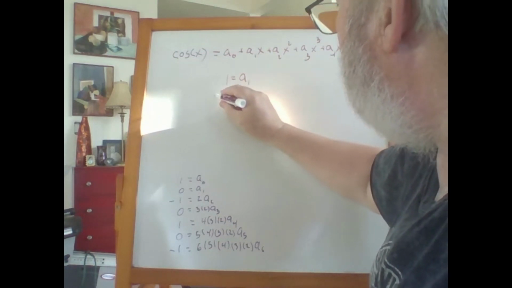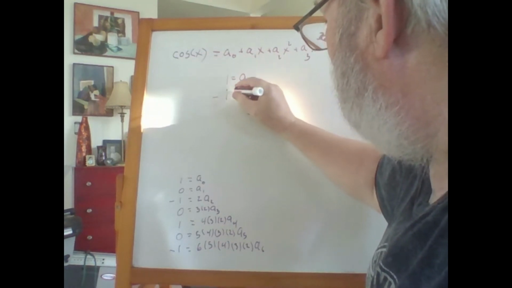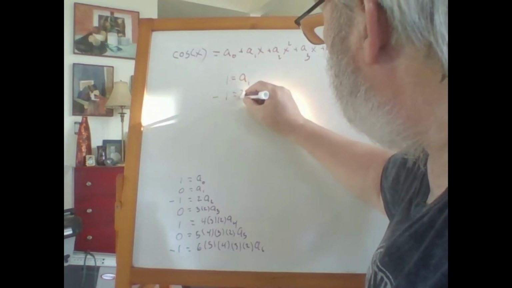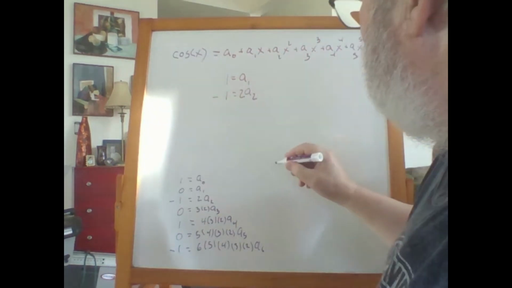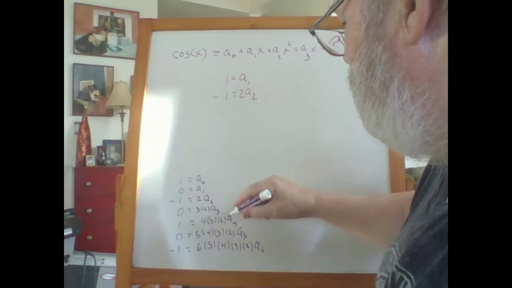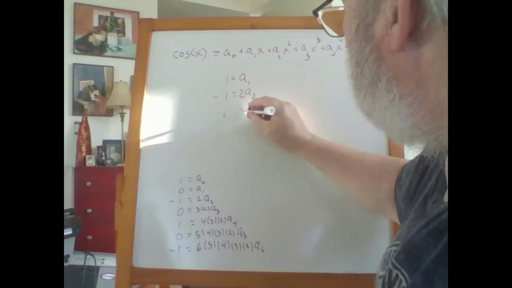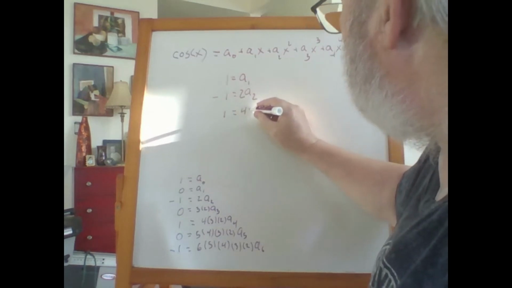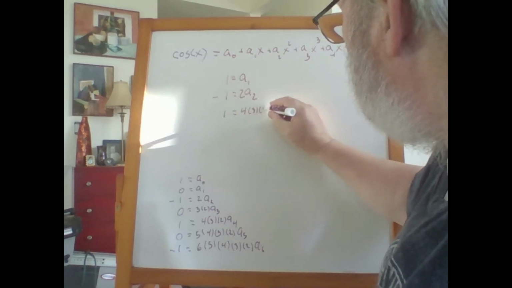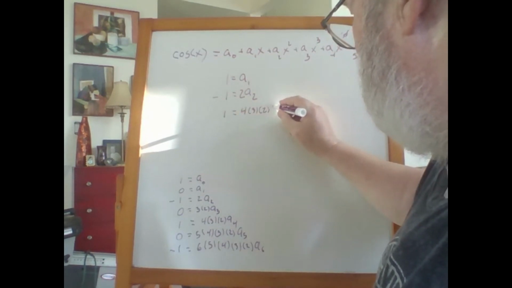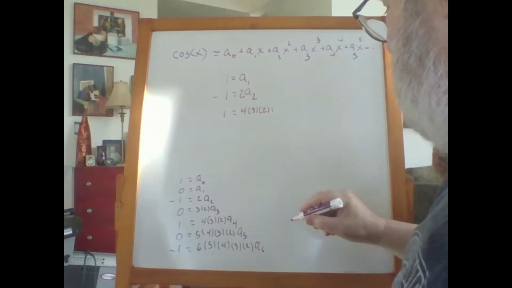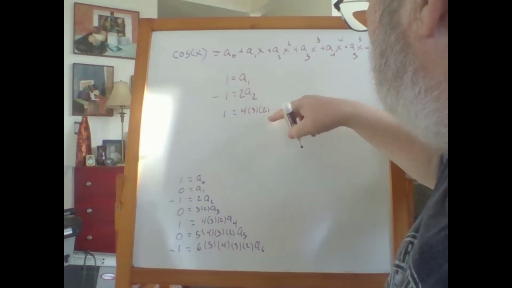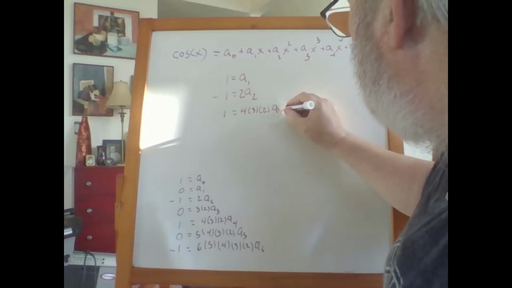A2 is 0, negative 1 equals 2 A2. Okay, A3 is 0, 1 equals 4 times 3 times 2 times 1, or A4.